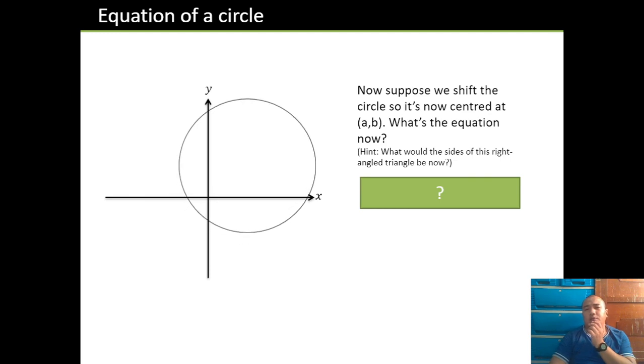Now suppose we shift the circle so it's now centered at a, b. What's the equation now? The center could also be h, k. Usually in our topic, h, k is our center. But it can also be a, b.